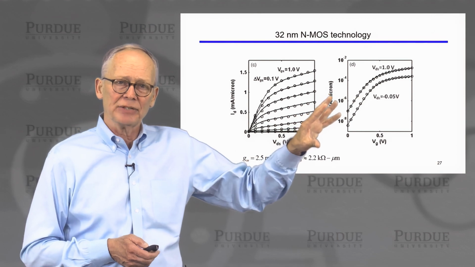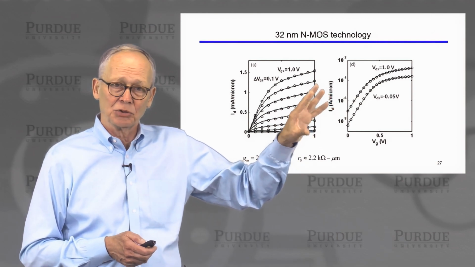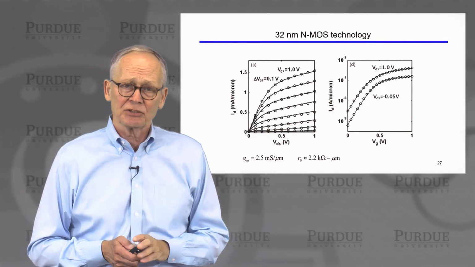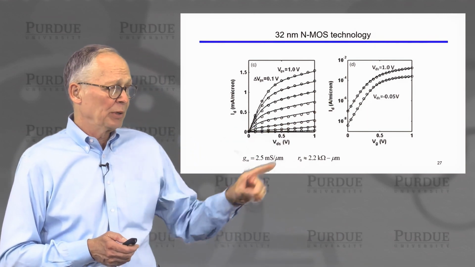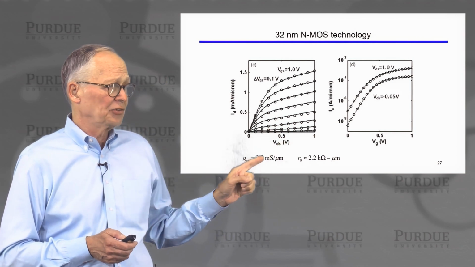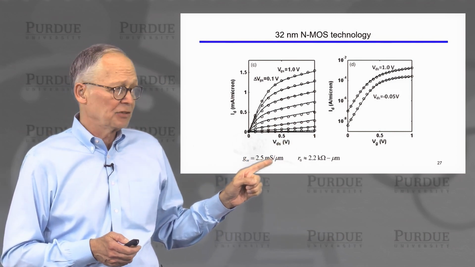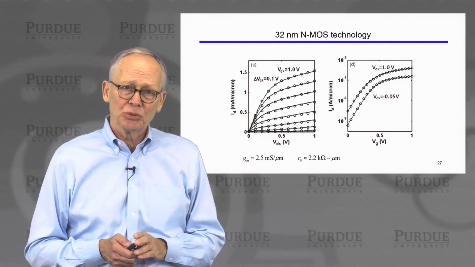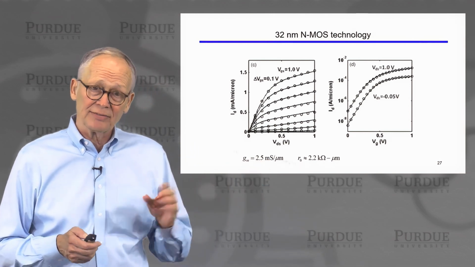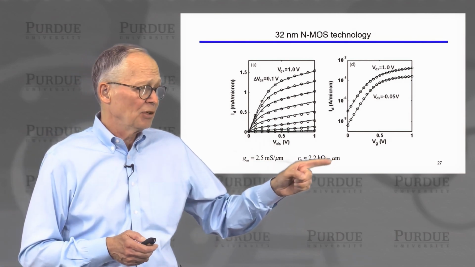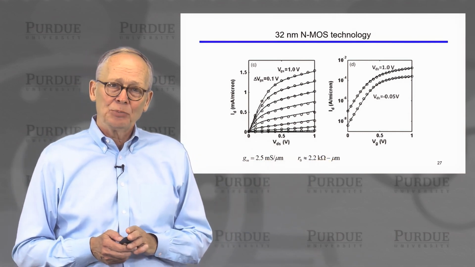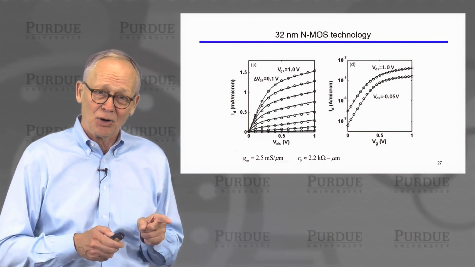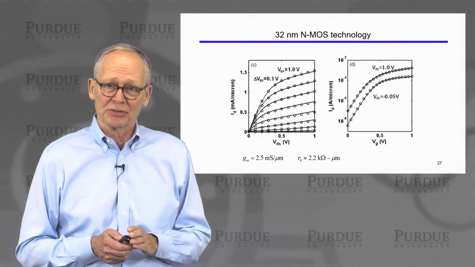Now, these are the characteristics for the 32 nanometer technology that I showed earlier, where we extracted the digital metrics. You could go ahead and extract the analog metrics. What we would find is that this is a shorter transistor. It's got significantly higher transconductance. That's good. It's a better amplifier. In this case, it's 2.5 times larger than the 65 nanometer technology. But note also that the output resistance is more than 2.5 times smaller than that of the longer channel device.